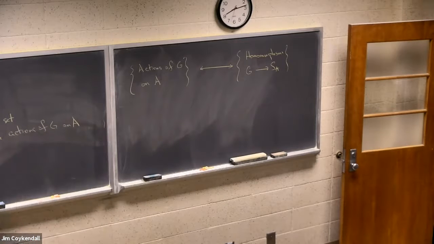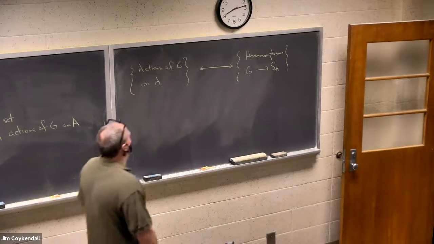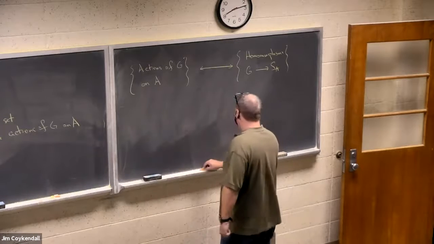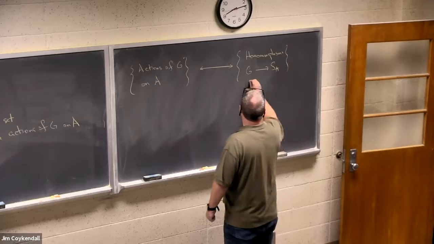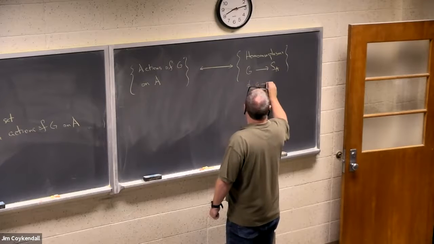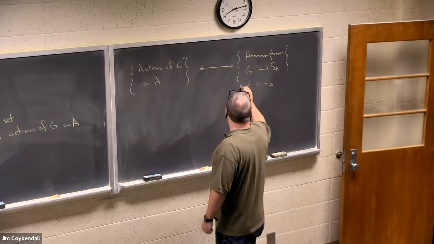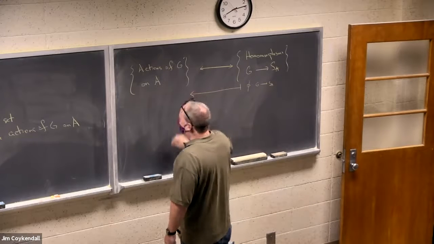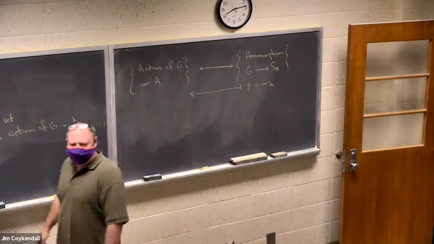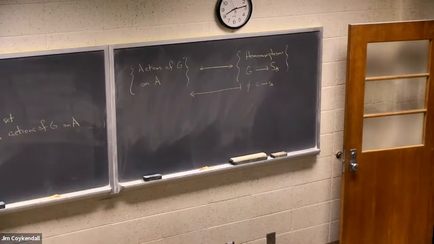And how's this going to work? Well, suppose we have a homomorphism phi from G into S_A. How am I going to get an action? I need to get an action out of this.